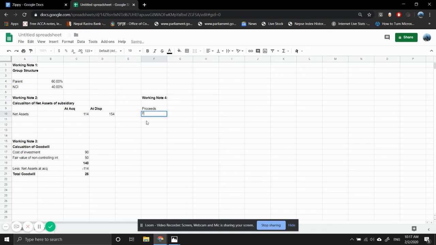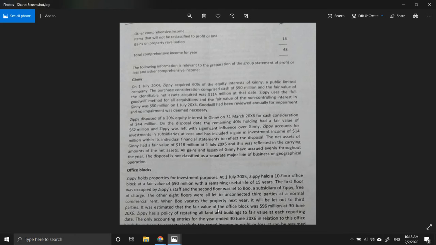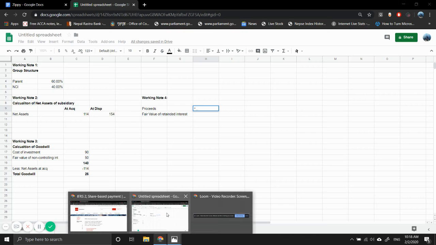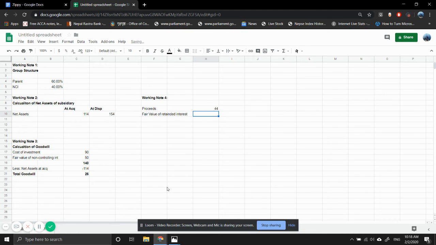Proceeds, and then after that the fair value of retained interest. So how much proceeds did we get? 44 million and 62, right? 44 plus 62.